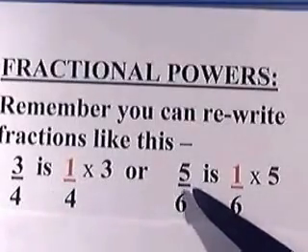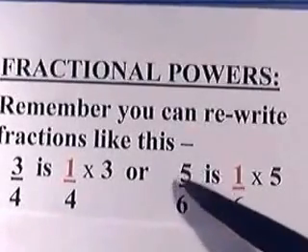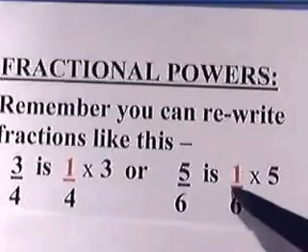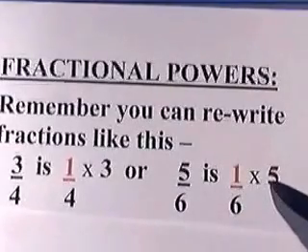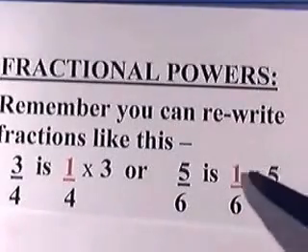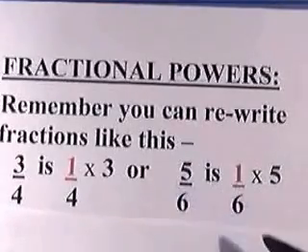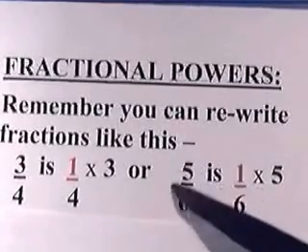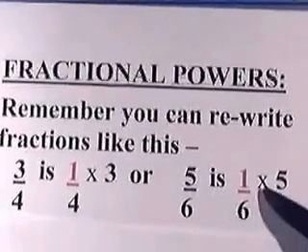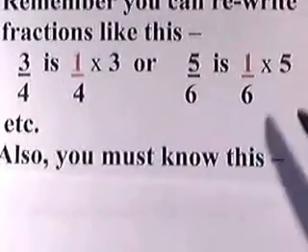Another example here, 5/6 could be rewritten as 1/6 times 5. If you multiply those two numerators together there, you get the 5 there, leaving you with 5/6. We have rewritten 5/6 as 1/6 times 5. Okay? That's a little trick which is going to come in handy.